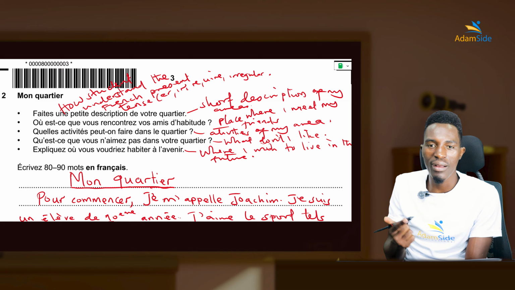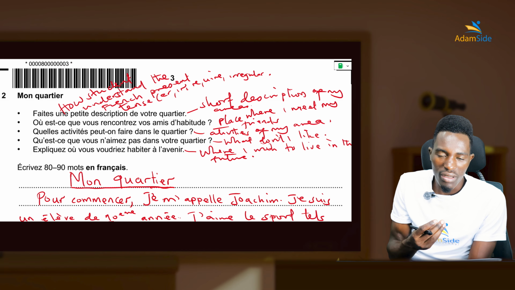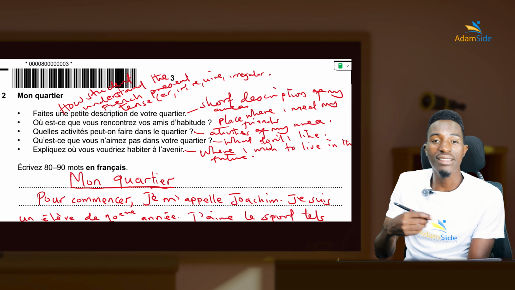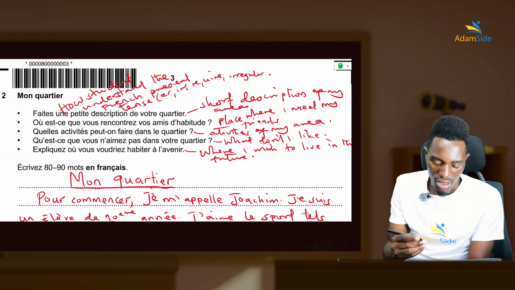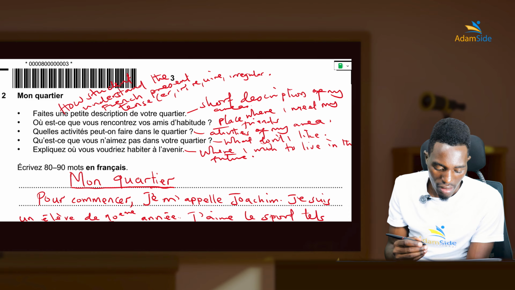You can do swimming because there are beaches, there is an ocean also, you can do football. Okay, yes, so I can list down the normal activities that can be done in my area. So let's go and write the activities that can be done there.